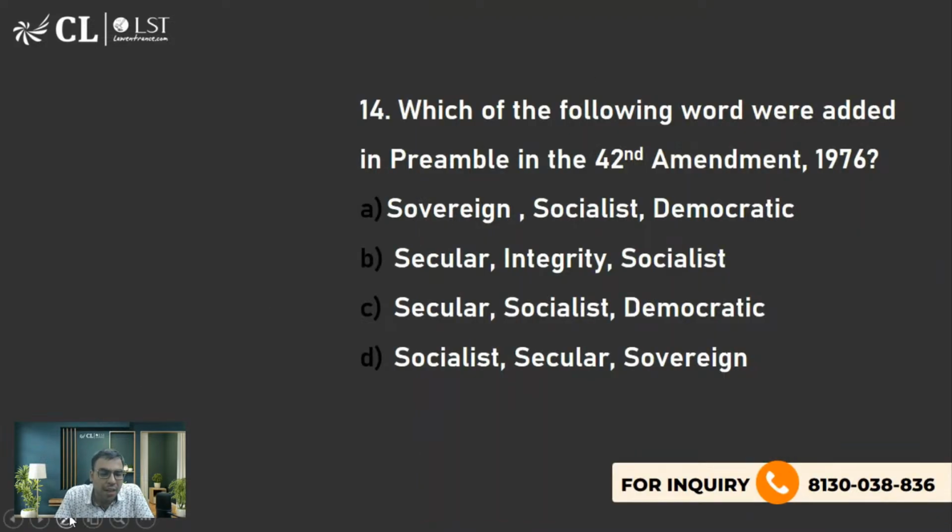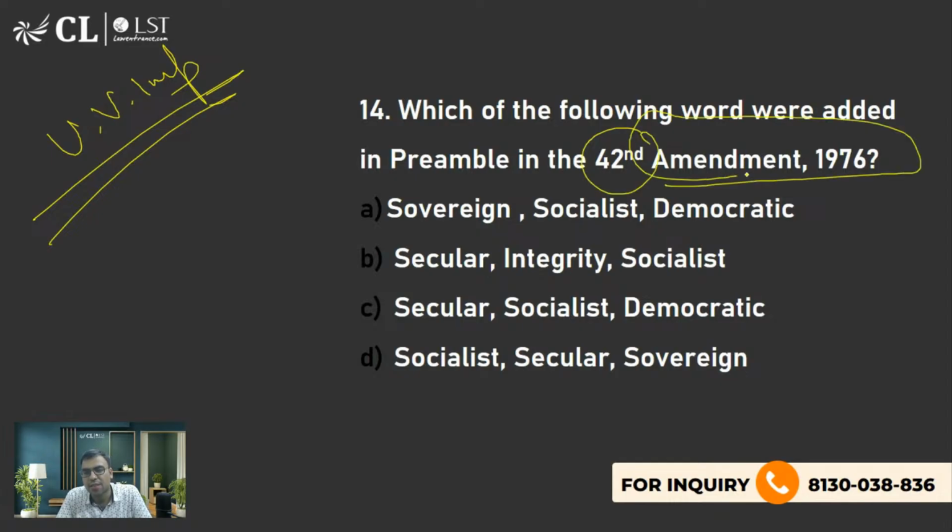Now let's move on to the next one, and this is very very very important. ये बहुत सारे एग्जाम से पूछे जाते हैं. Which of the following words were added in preamble in 42nd Amendment 1976? Yes, Ananya Singh and SPDK, you both right.